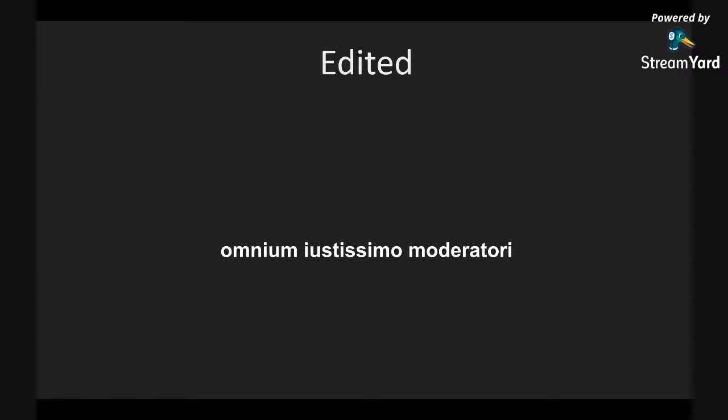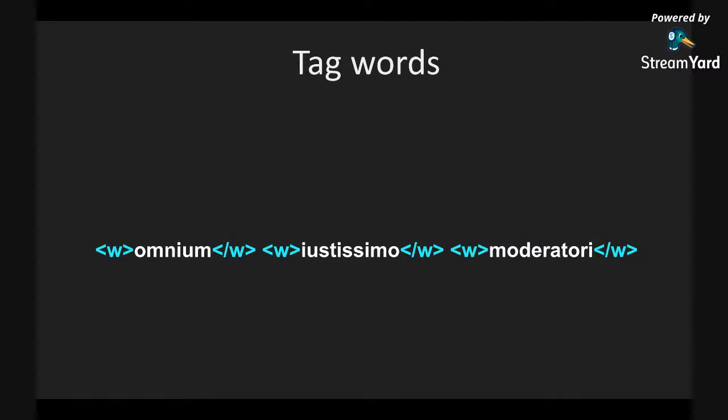Some texts have multiple words grouped together without spaces, and spaces are used for other kinds of information. Then we might want to tag those word breaks more explicitly with the use of this W tag. And the W simply means word, and it means word in the loosest possible grammatical sense. That is to say, whatever sense something is a word in your linguistic tradition, you can use the W tag to record word in that sense.